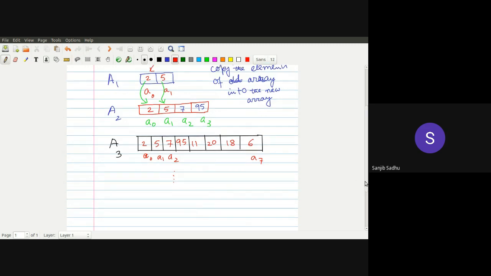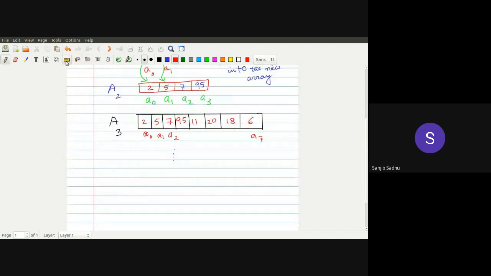What happens? Finally, you will get an array of size n, where you will store the elements like this.